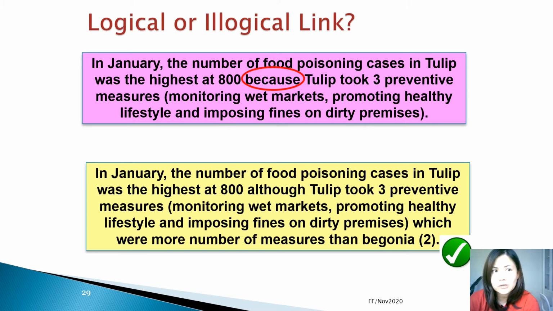So it shows a direct relationship, meaning the highest number at 800 was due to the more preventative measures taken, which is illogical. Okay, illogical link. Therefore, the candidate has to choose although, the reverse relationship linker, to show the logical link there.